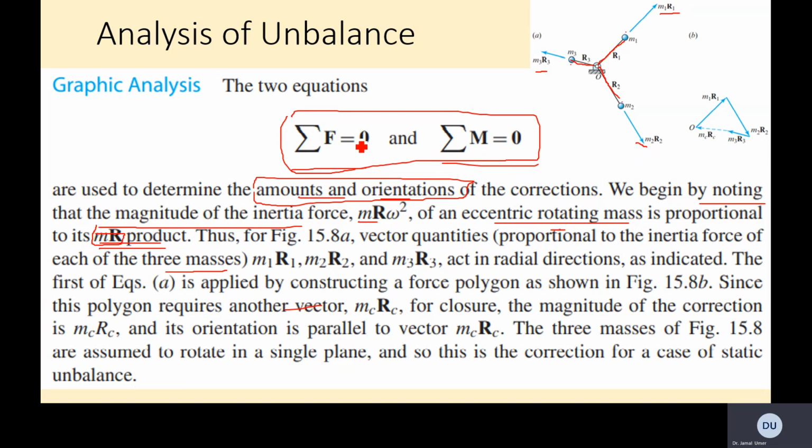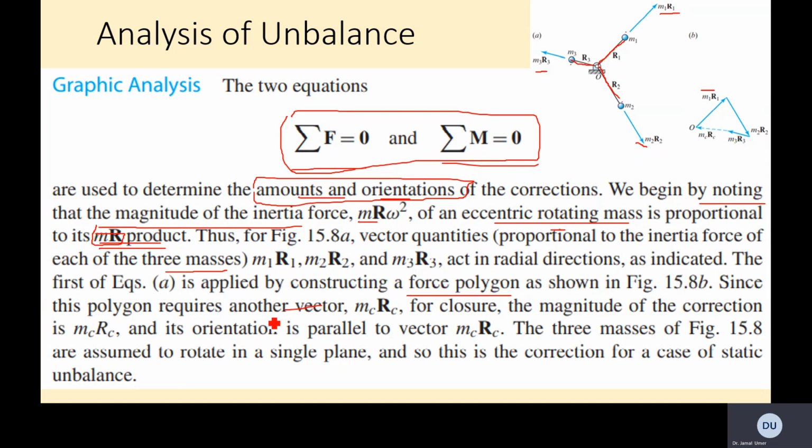The first equation is applied by constructing a force polygon. So when you do force analysis, you produce a force polygon as shown in figure 1.58b. This mr is a force, so this is the force polygon.